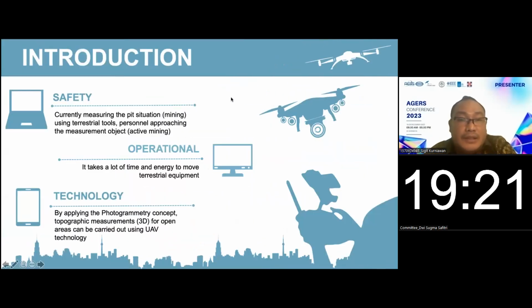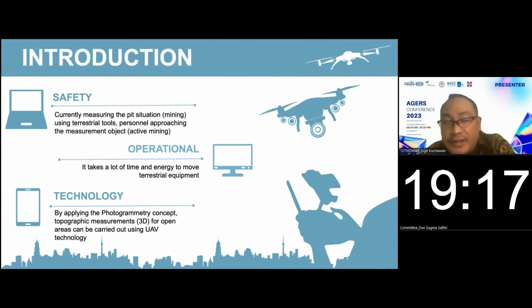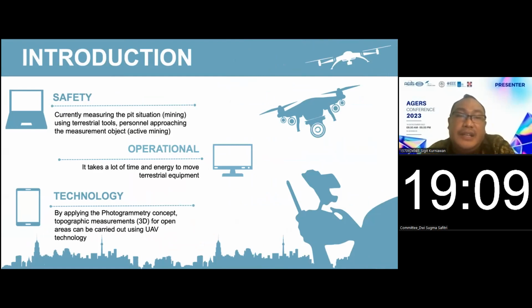We know that the characteristics of the coal mining industry are high cost, high technology, and mostly high risk. For safety, currently in my company we measure the pit situation using terrestrial equipment, meaning personnel approach the measurement object.